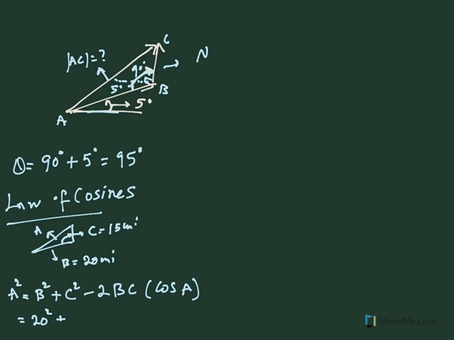plus 15 squared, minus 2 times 20 times 15 times the cosine of 95 degrees.